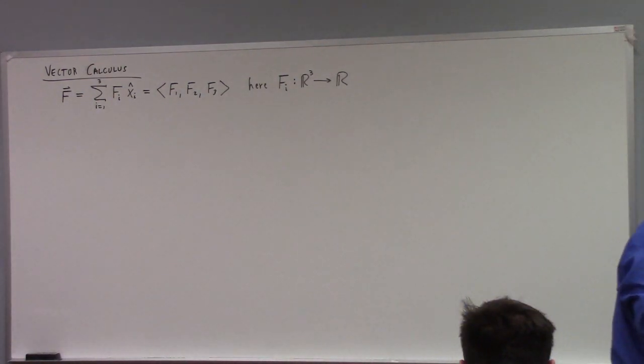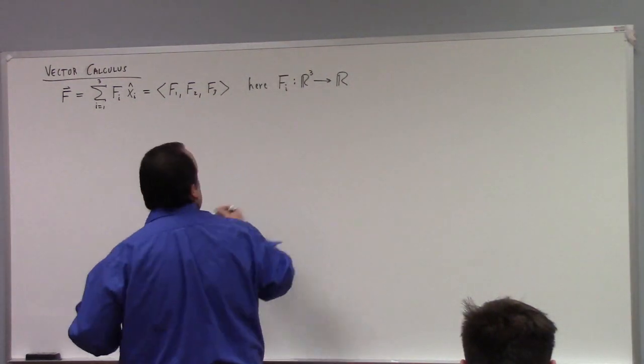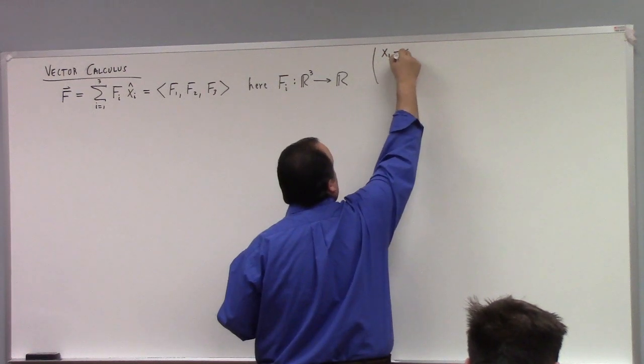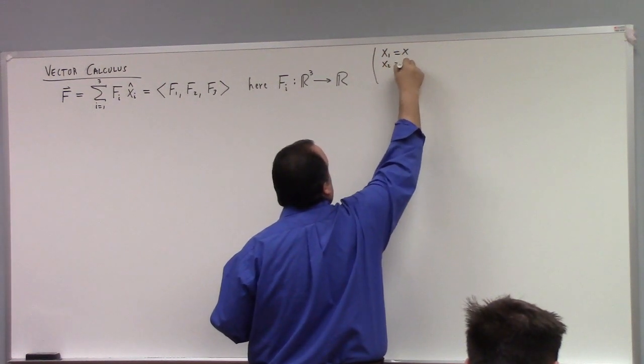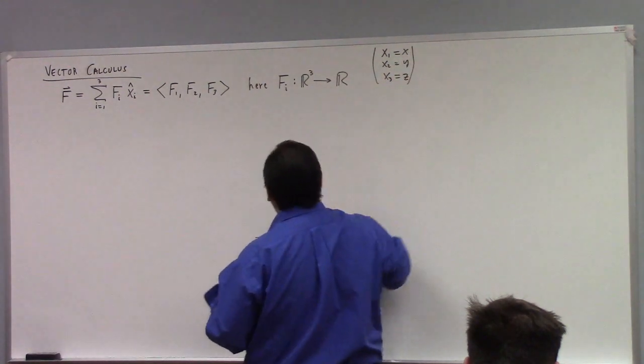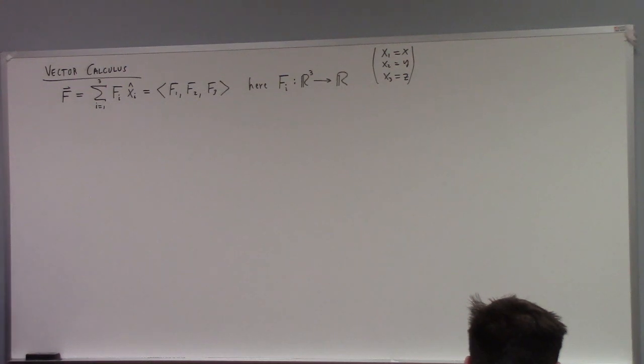The component functions of a vector field are functions of the Cartesian variables x1, x2, x3. Our typical notation has been x1 is x, x2 is y, x3 is z. It's just super useful to index the Cartesian variables like this for the sake of having way nicer formulas.